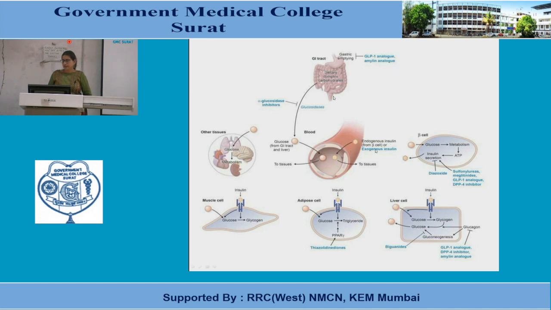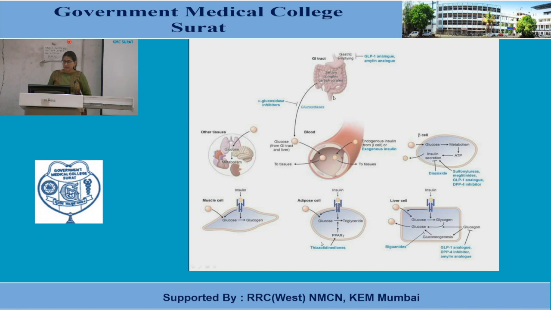Then here you have endogenous insulin from beta cells or exogenous insulin which is provided in the bloodstream. Thereby insulin causes the utilization of glucose, and that goes to the tissues. In the other tissues, glucose is metabolized. In the muscle cells, again with the help of insulin, glucose is converted into glycogen.